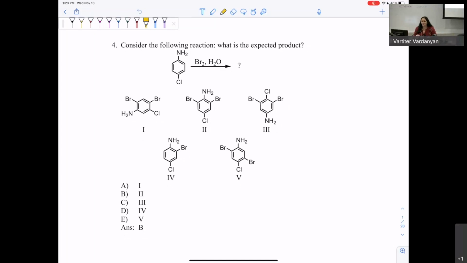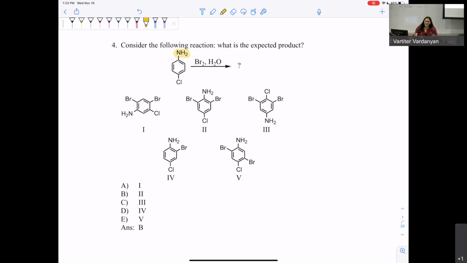I guess that should have been my question. Cool. So we have NH2, and why? Because we could have NH2 and Br2 and we only add one bromine, right? So why is this one different? Think about the catalyst. What's the catalyst?